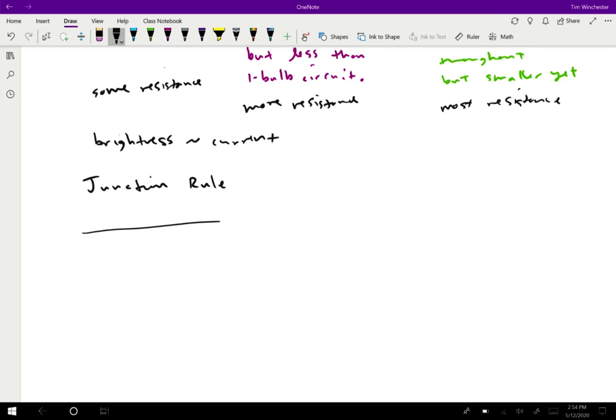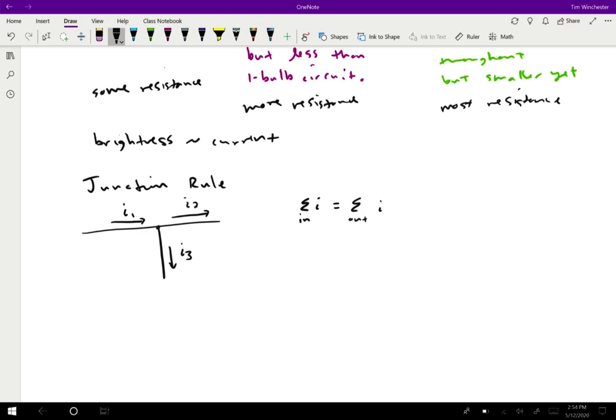So let's say we have a place where multiple electrical branches are present. So we could have some amount of current that flows in and some amount flows out and some amount flows out. Okay, so if we have I1, I2, and I3, just naming those three, then what the junction rule says is that because current can't be used up, any current that goes into the junction, so I'm adding up all the currents in, will equal all of the currents going out.